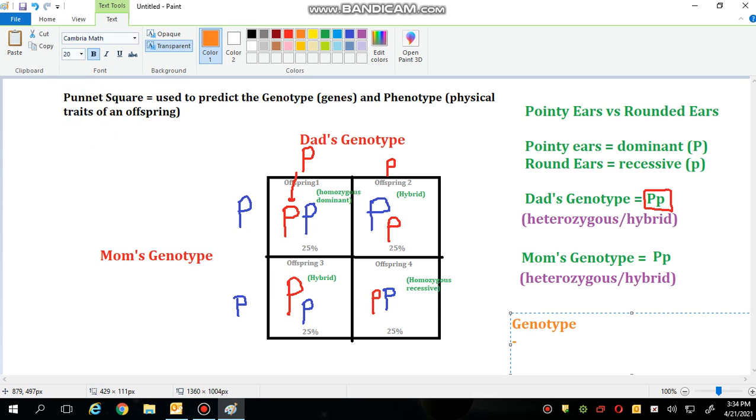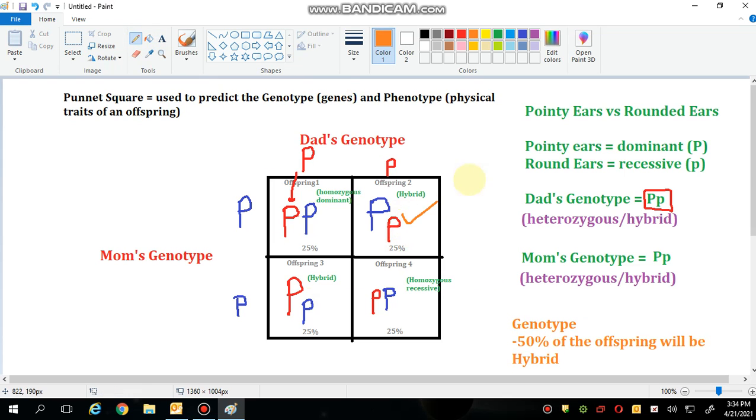Looking at this Punnett square, I can tell that in terms of genotype, 50% of the offspring will be hybrid. Why? Well, because this is 25% and this is 25%. 25 plus 25, 50. There we go. 50% of the kids will be hybrid.